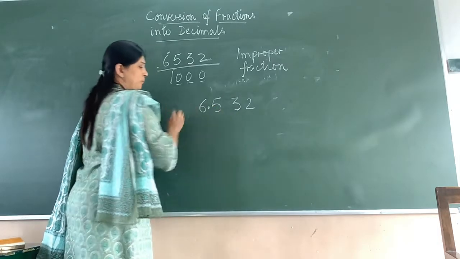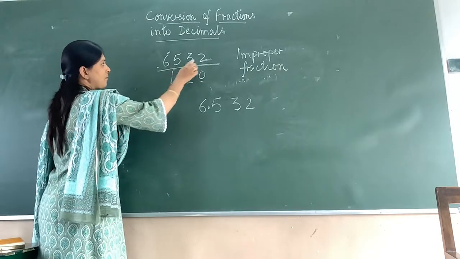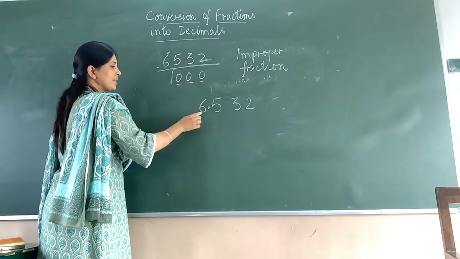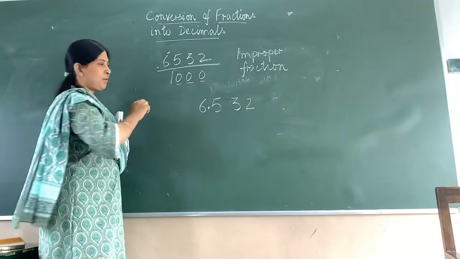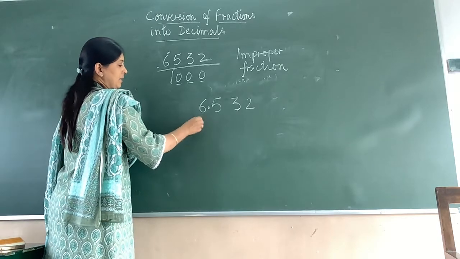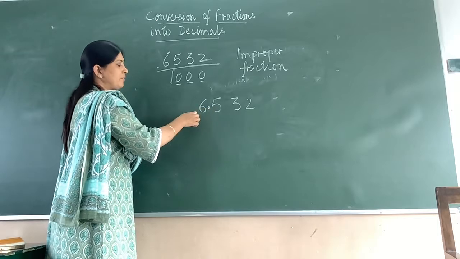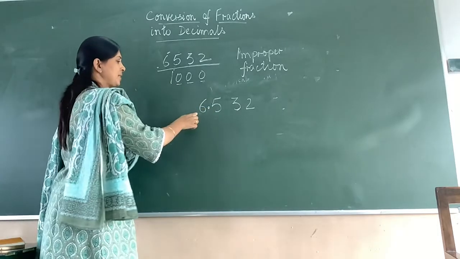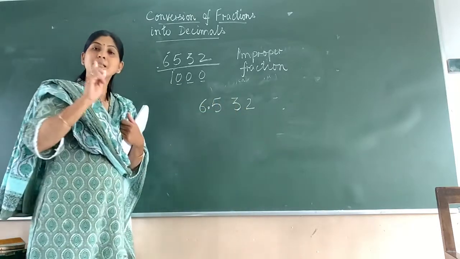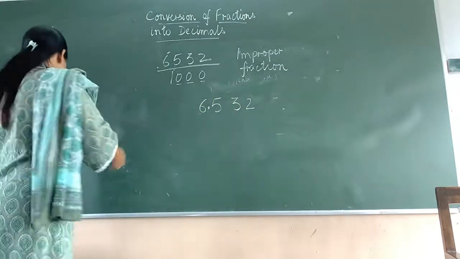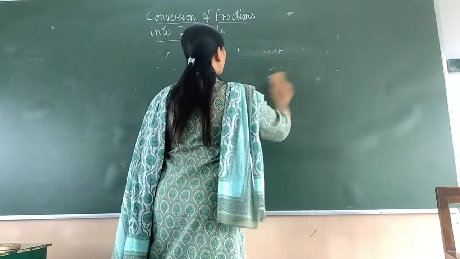And put a decimal point. So 6,532 over 1,000 means 6.532. Okay, the number on the left hand side of the decimal point is the whole number. So 6 is the whole number and 532 is the decimal part. Okay, now let me change this number and this fraction.